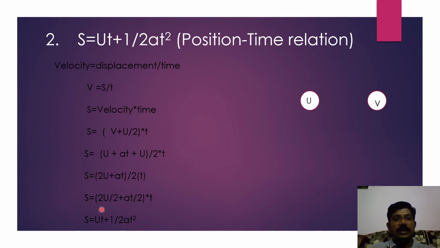Now divide each term by 2, that is 2u by 2 plus at by 2, into t. Now 2 gets cancelled, s is equal to ut plus 1 by 2 at square, or half at square. So this is the second equation of motion. It is also known as the position time relation. It gives the relation between position and time.